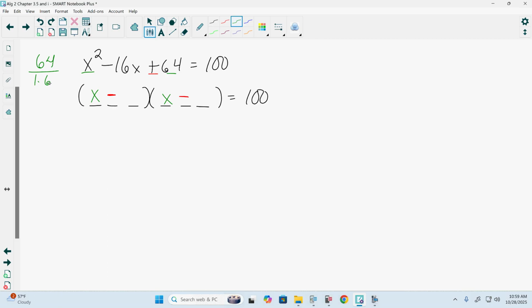Now the factors of 64: 1 and 64, 2 and 32, 3 doesn't work, but 4 and 16, thank you. 5 doesn't work, 6 doesn't work, 7 doesn't work, but then we have 8 and 8.